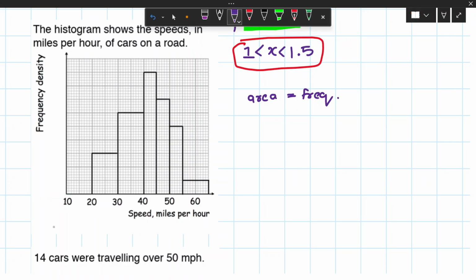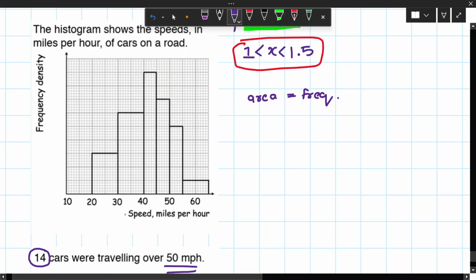So what we know is that 14 cars were traveling over 50 miles. That is the only piece of information that we know. So let's try to find the area of everything that went above 50. The rectangles are going up in tens.